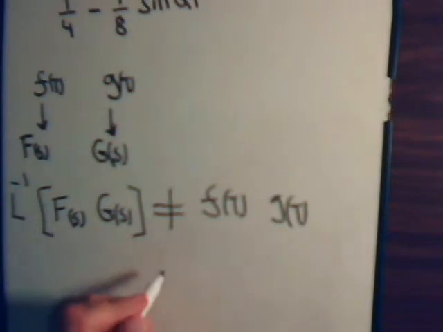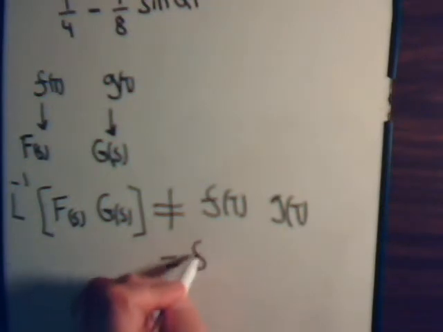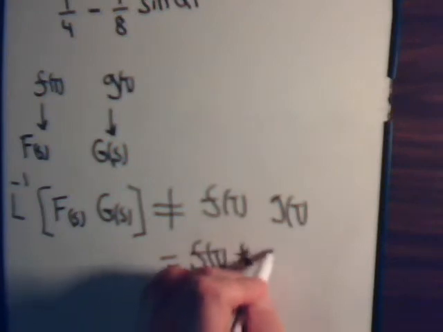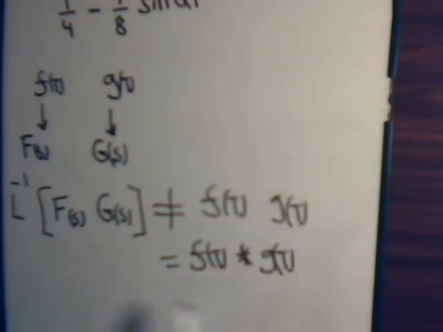It equals the convolution of f of t, g of t. And we will prove this in a future video, but this is why the concept of convolution is important in our study of differential equations. And of course, in the earlier videos in our series, we dealt with Laplace transforms quite extensively.